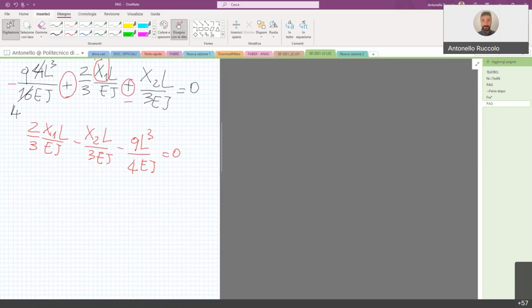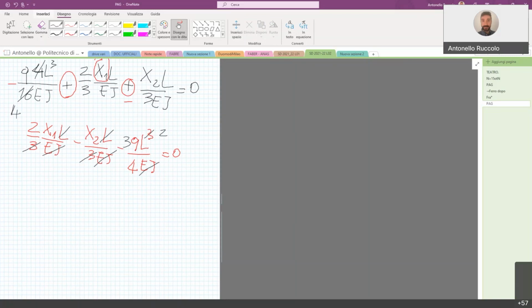Obviously, E iota are common terms and we can get rid of them, simply multiplying both terms times E iota. And similarly, we can multiply everything times 3 and divide everything by L. Sorry for the confusion.